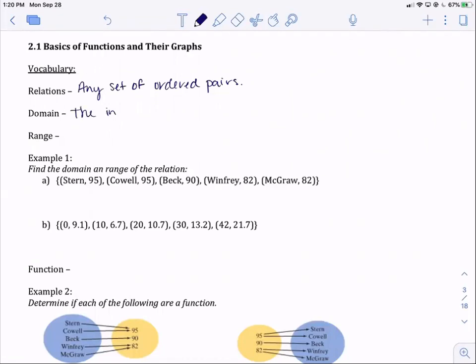So the input values of an ordered pair. Or function. If the domain is your input, then the range is your output.